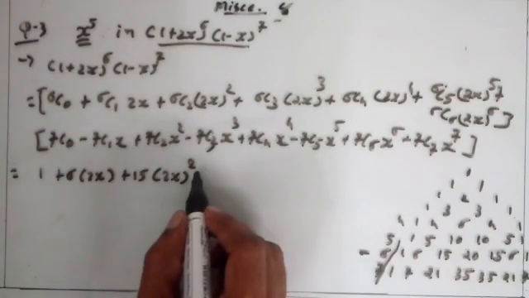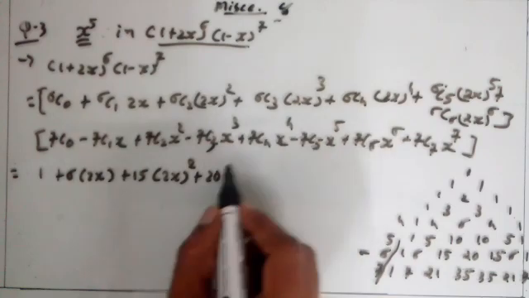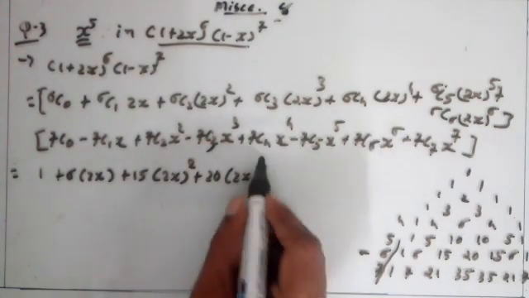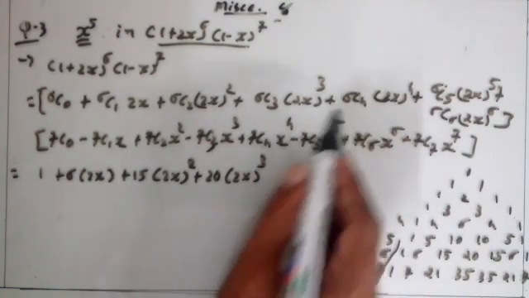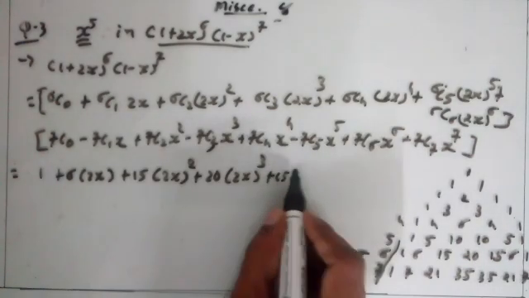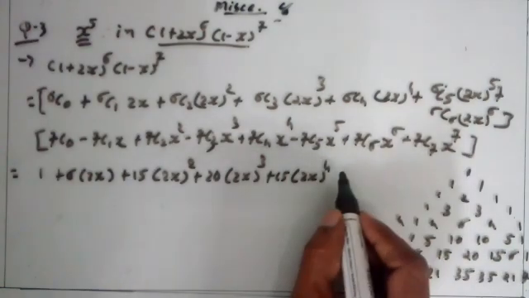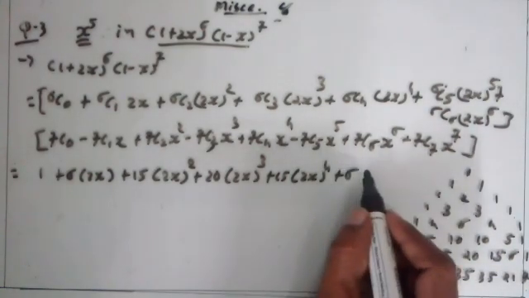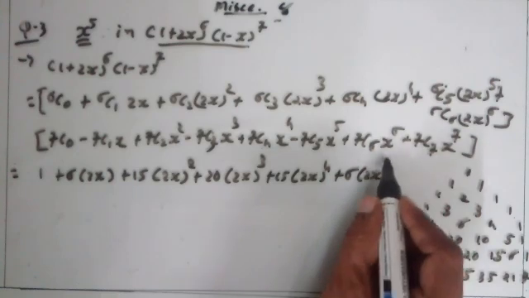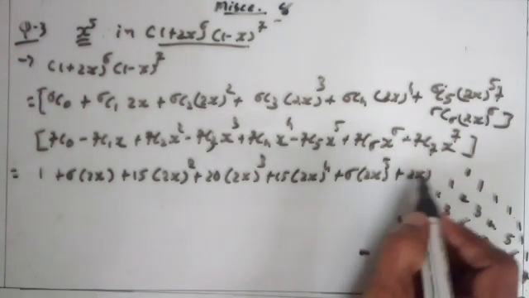Here 6C3 is equal to 20 into (2x) raised to 3. Here 6C4 is equal to 15 into (2x) raised to 4, plus 6 into (2x) raised to 5 and 1 into (2x) raised to 6.